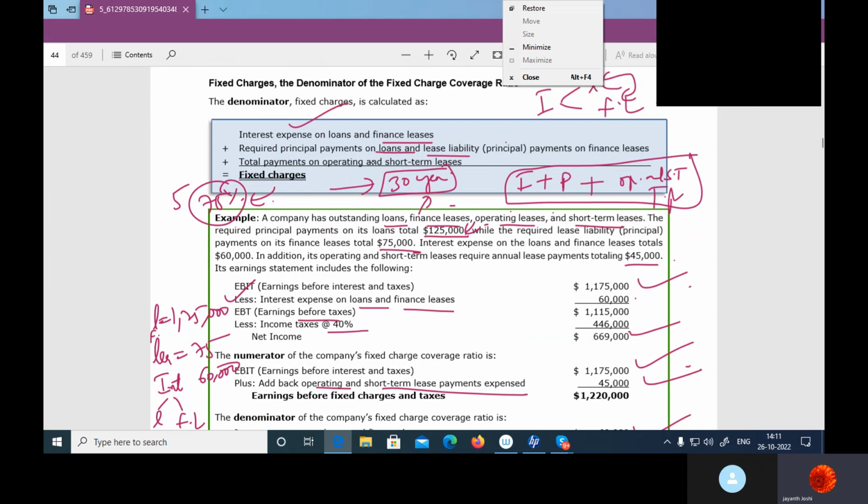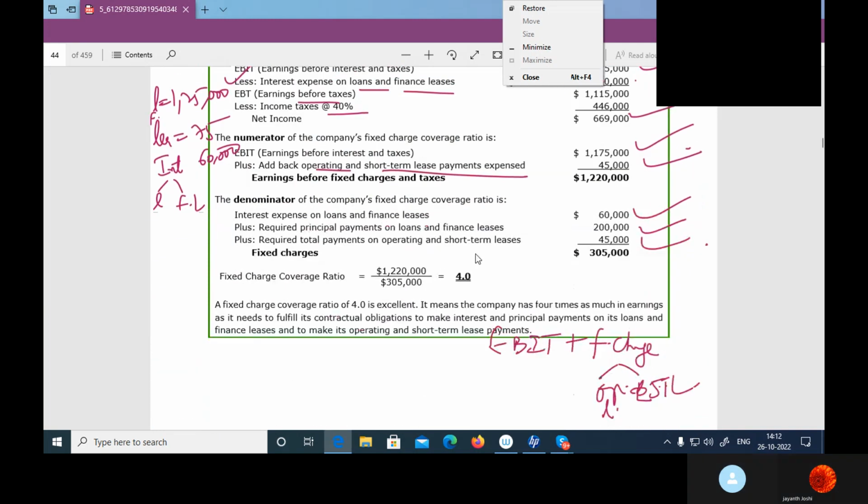And the required principal payments on loans and finance lease liabilities, here it is mentioned as 2 lakhs, that is 1,25,000 plus 75,000. Understood?